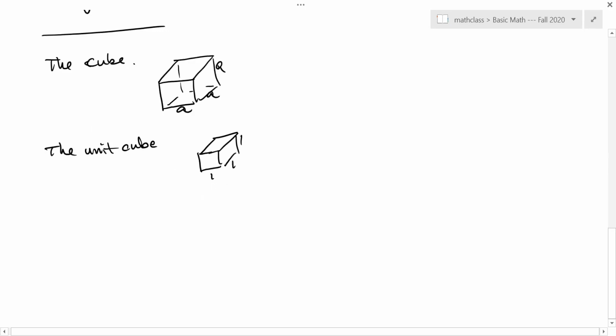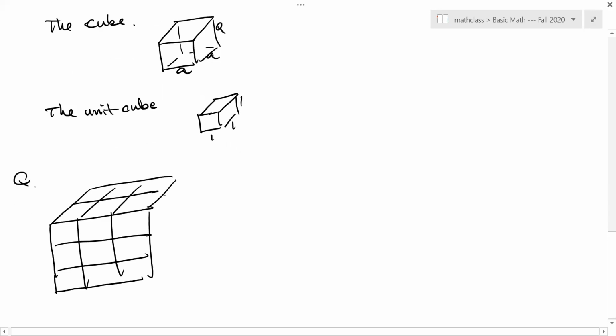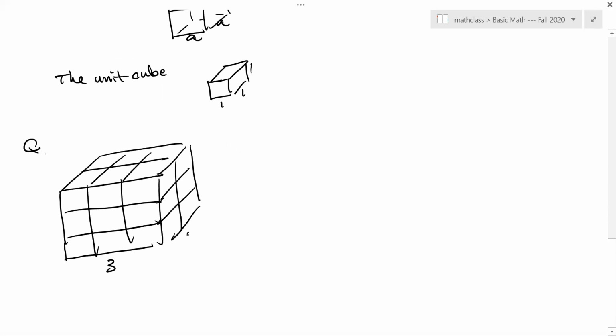Now, let's understand the geometric meaning of the volume. Consider the following box: 1, 2, 3. This side is 3, this side is 2, this side is 3.